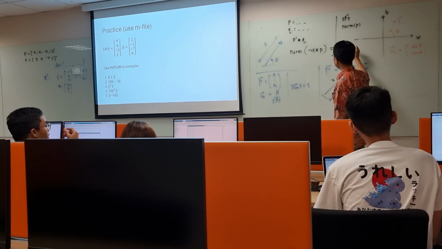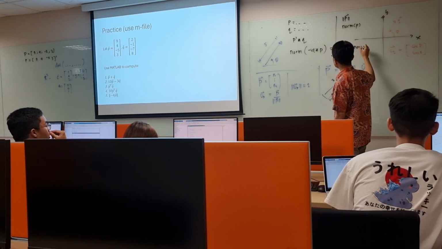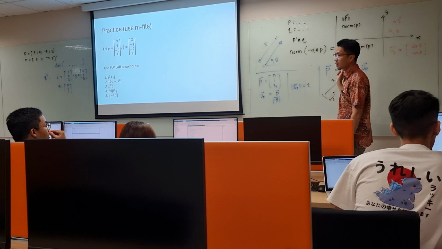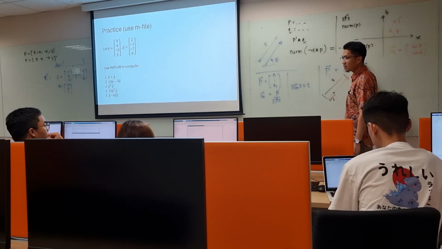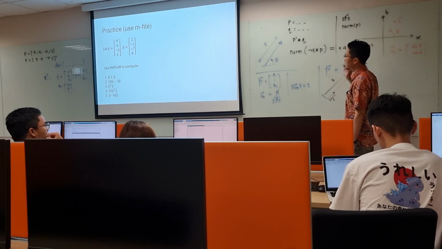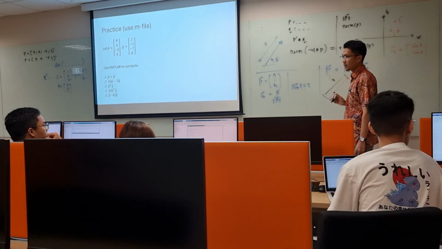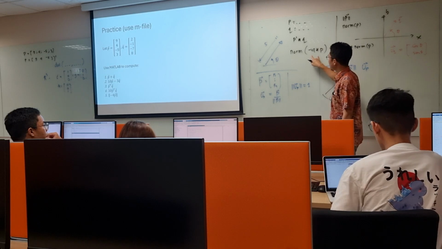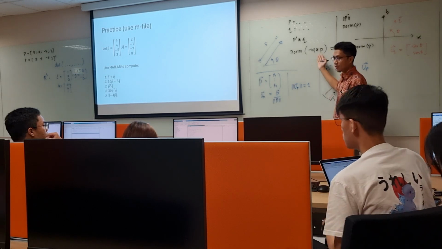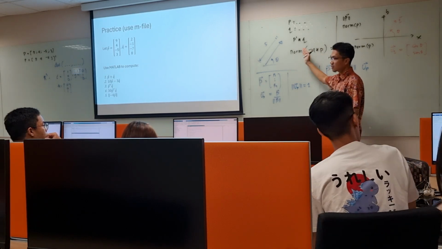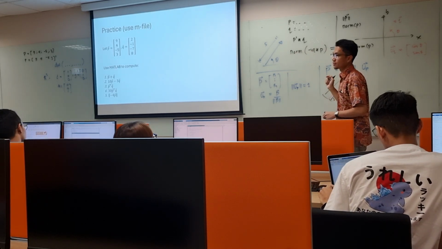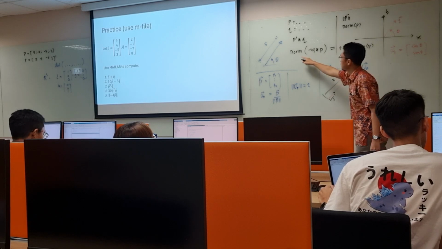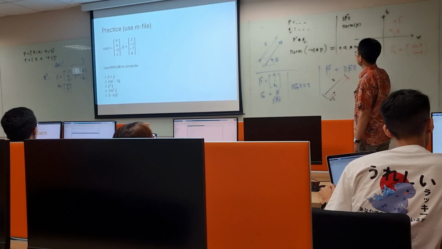Is it the same as -4 times the norm of P? Because the -4 is inside the norm, you can take it out, but you have to take the absolute value of -4. So this computation will be the same as this.